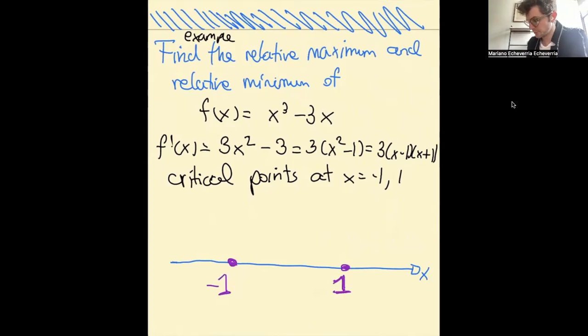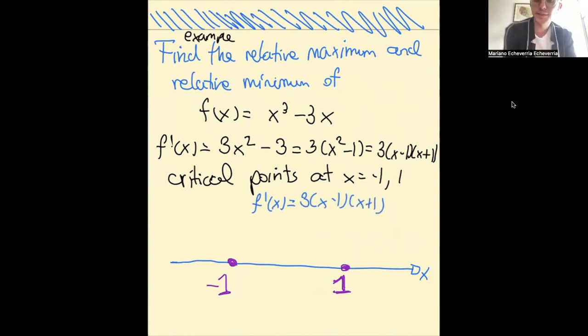And again, I should write the first derivative: 3 times x minus 1 times x plus 1. Then you say what happens with the first derivative. For example, if you choose a point to the right of 1, what can you say about the sign of the first derivative? Is it positive or negative?